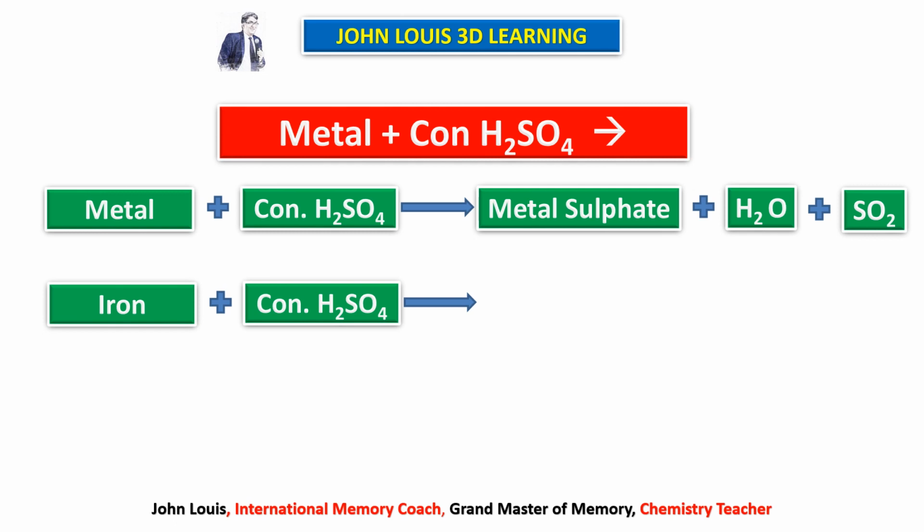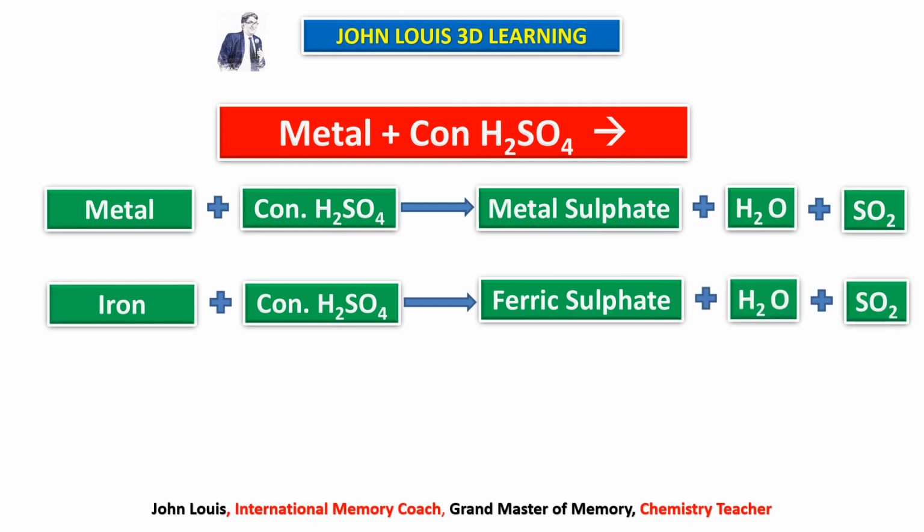So which valency do we have to take now? Since iron is reacting with concentrated acid, what I told you before is that with the dilute acid you take the lower valency; therefore with concentrated acid we have to take the higher valency. Therefore you will get iron 3 sulfate, or ferric sulfate, plus water plus sulfur dioxide. That is according to the rule.